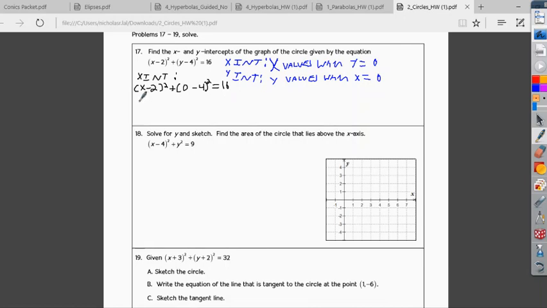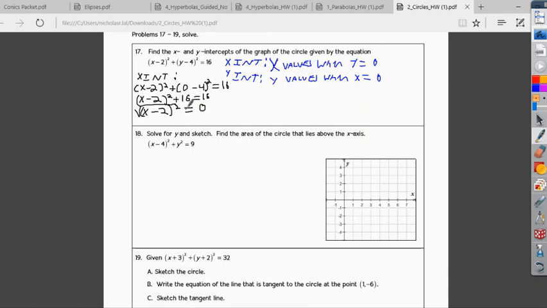X minus 2 squared plus negative 4 squared, which is 16, equals 16. So x minus 2 squared is equal to, subtract 16 from each side, 0.